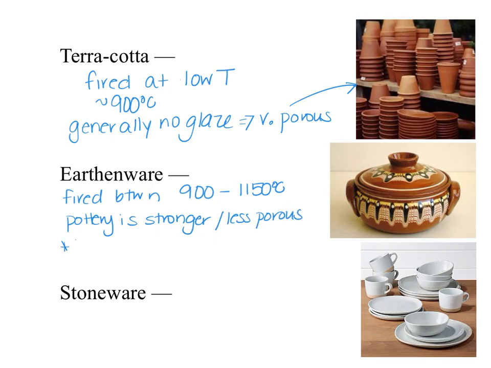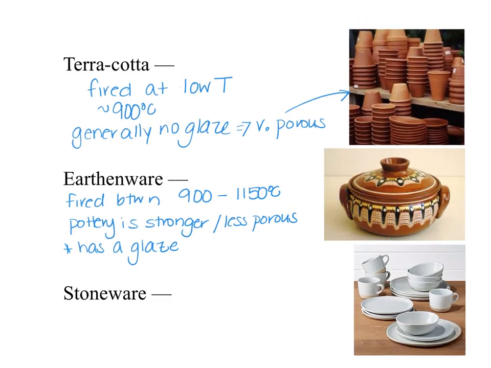And then it generally has a glaze. And so because it has a glaze, that's where you get a lot of the really nice, pretty designs onto the pot itself. Now you can also have stoneware.